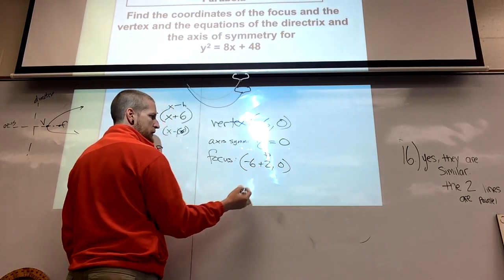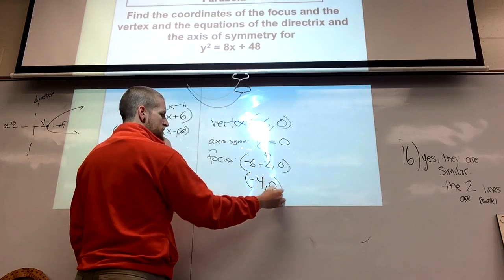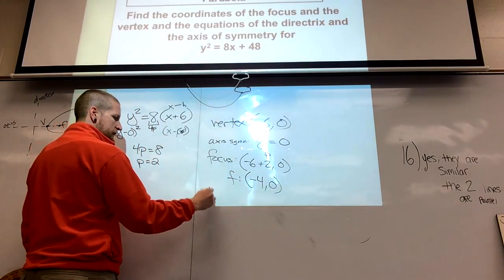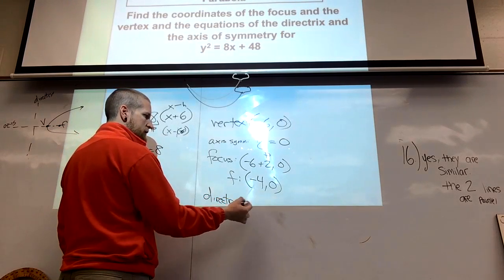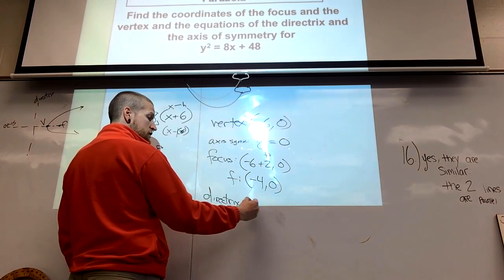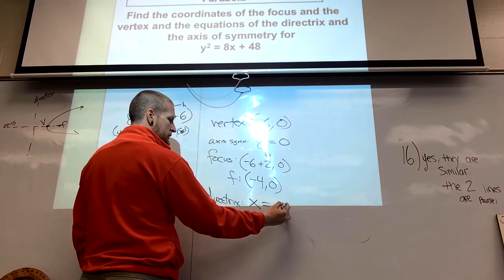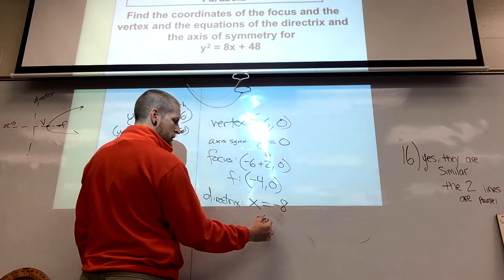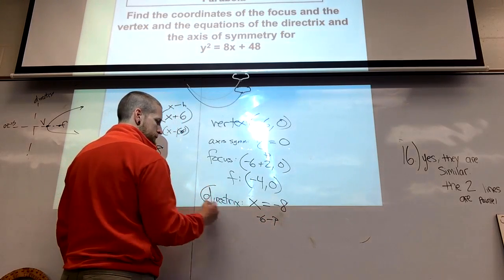That's my p-value. So that is -4, 0. So there's my f. And then the directrix, again, is basically the opposite direction from your vertex. The directrix is vertical, so it needs to be x equals. In this case, it's going to be -8, because it'll be your x-coordinate minus p. So this is still the x-coordinate.